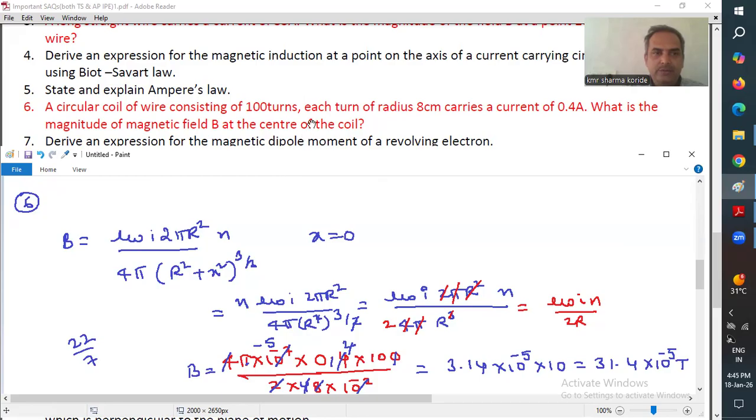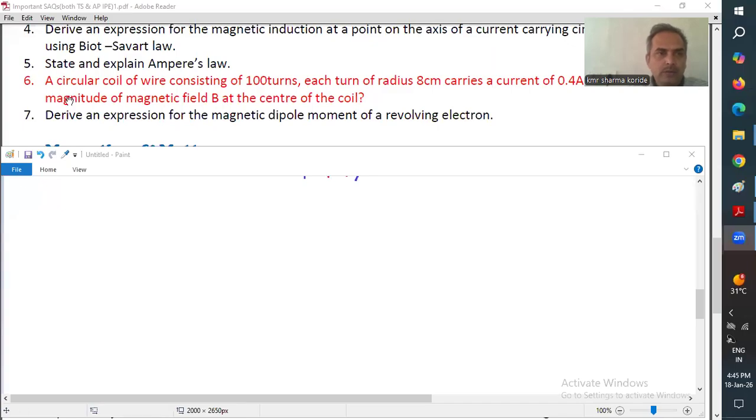Students, let us continue with the last question, that is the seventh question. The question is: derive an expression for the magnetic dipole moment of a revolving electron.